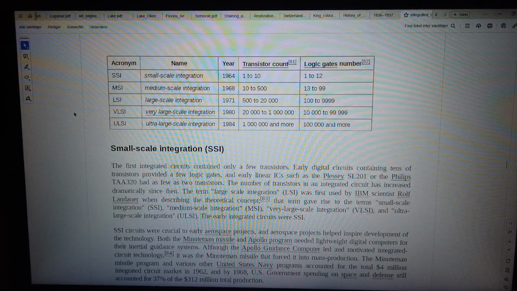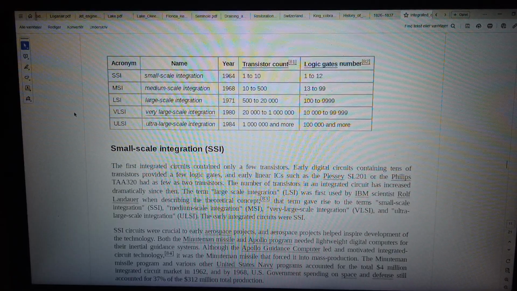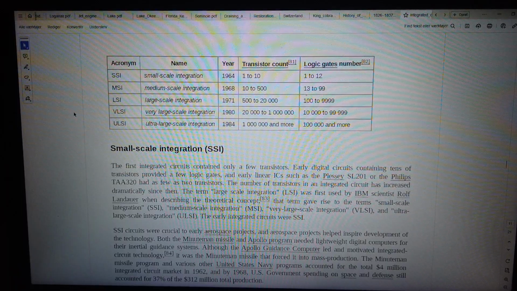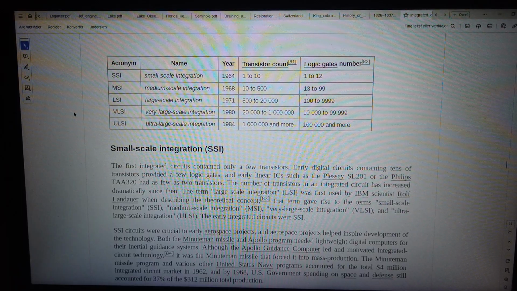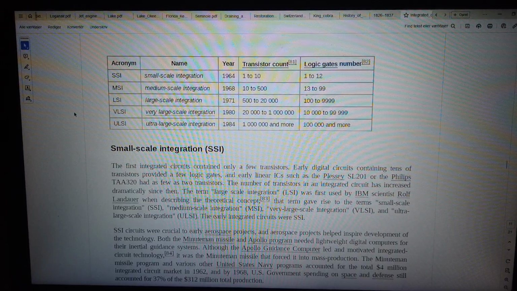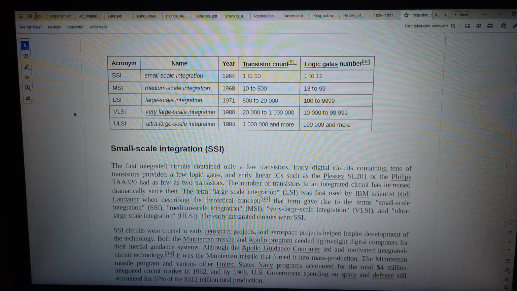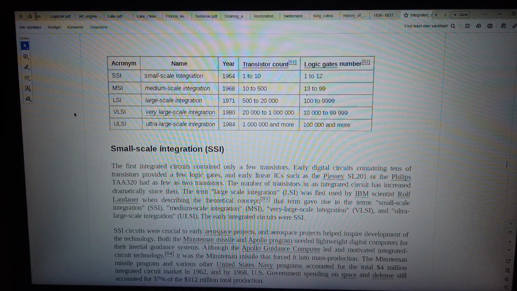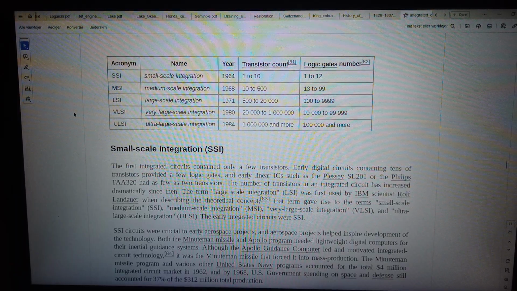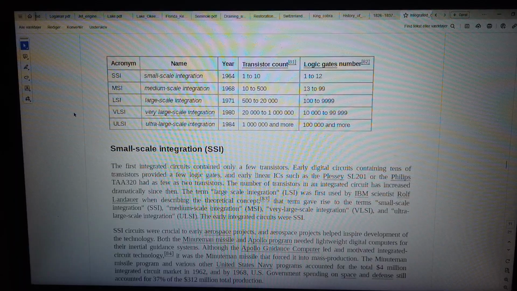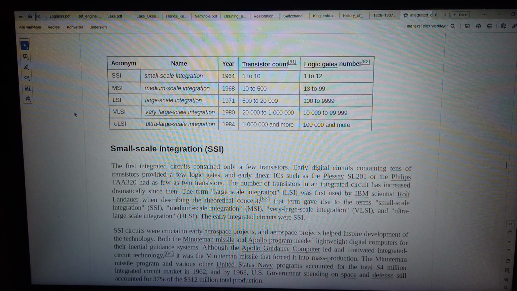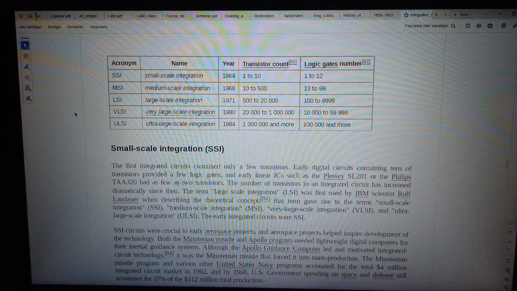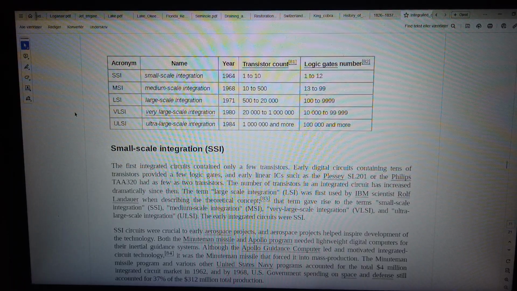Acronym, name, year, transistor count, logic gates number. SSI, small-scale integration, 1964, 1 to 10, 1 to 12. MSI, medium-scale integration, 1968, 10 to 500, 13 to 99. LSI, large-scale integration, 1971, 500 to 20,000, 100 to 9,999.